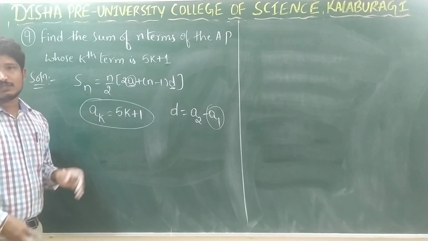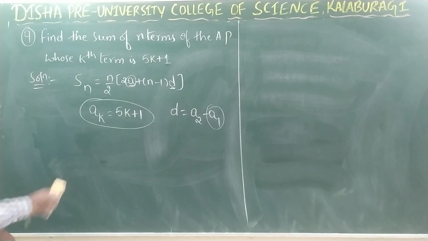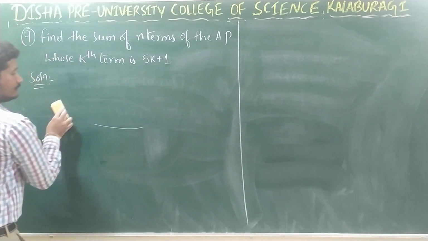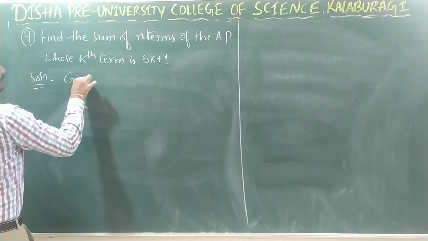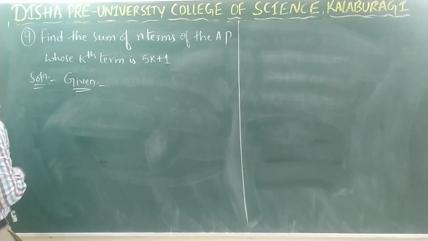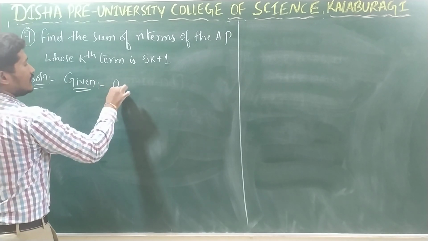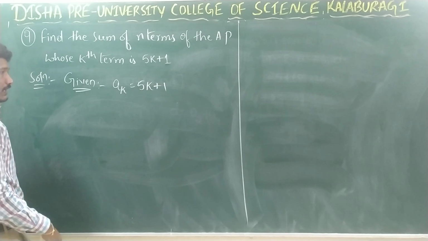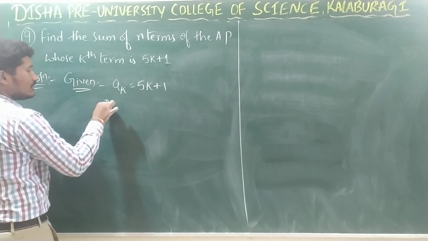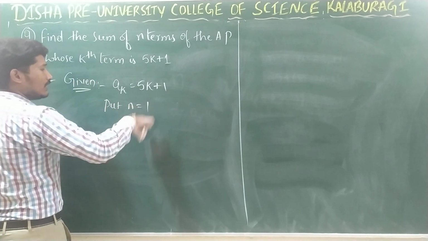Right? So let us do this. First let us write the given. What are we given? Kth term. ak is equal to 5k plus 1. So what we do here is put k is equal to 1.